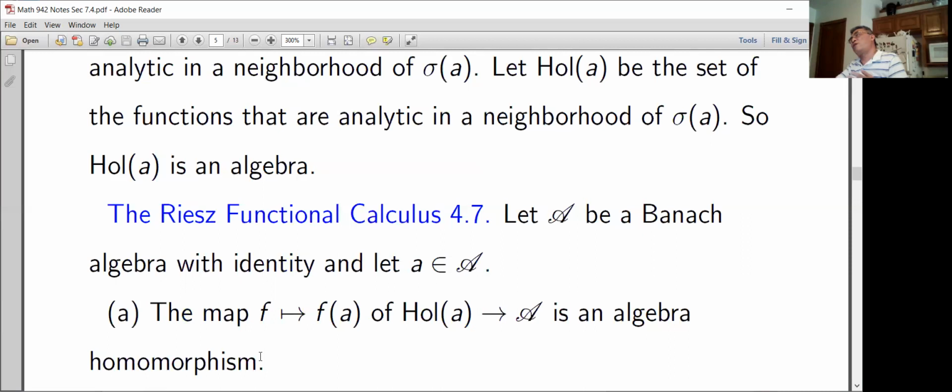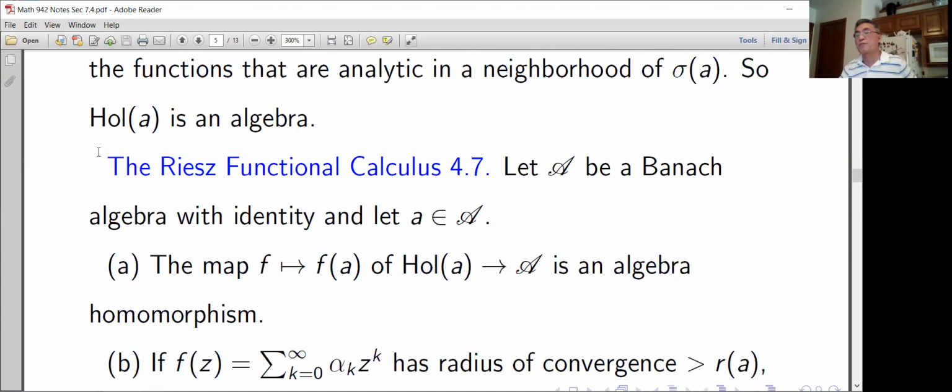Algebra homomorphism just means that first it is a linear transformation. Then for the product, the image of a product is the product of the images. So homomorphism means it keeps the algebraic structure.